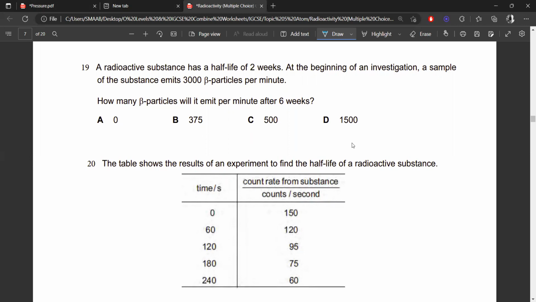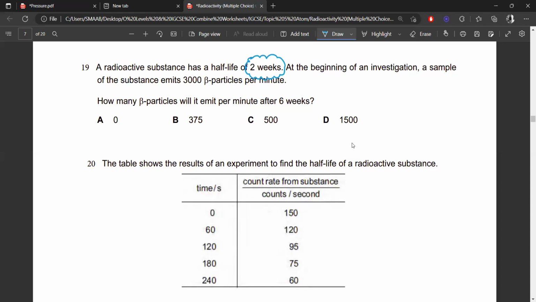Basically it's emitting 3000 beta particles per minute. In this question it is mentioned that we have a half-life of 2 weeks, right?